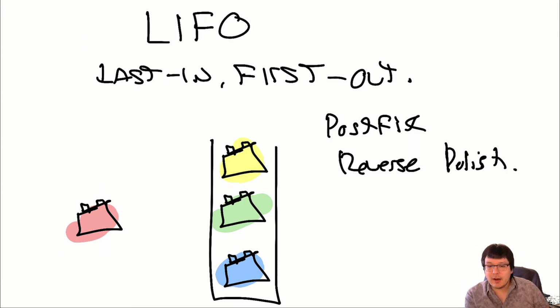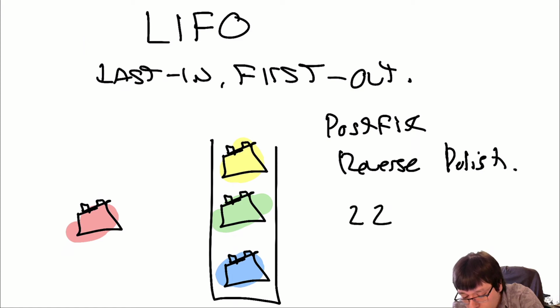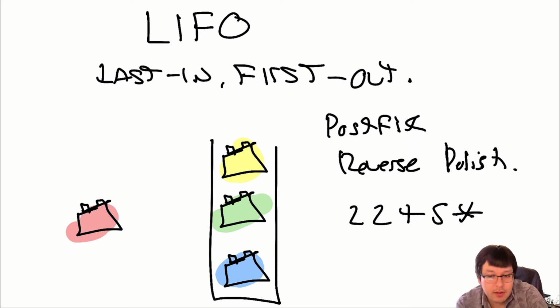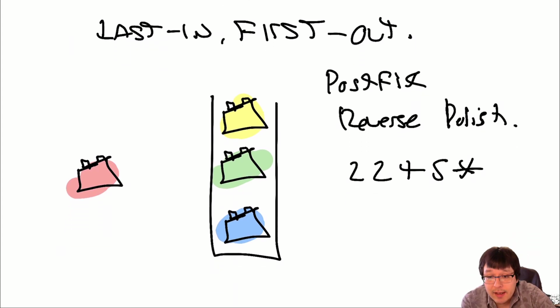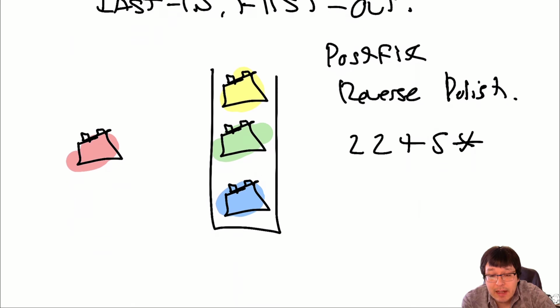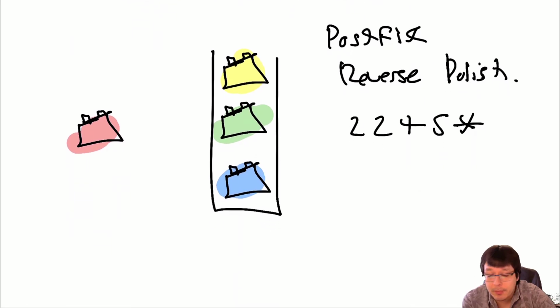So, that's one way of adding, for example, if you have something like 2 plus, and then maybe 5 times. How this gets evaluated is you put the numbers in a stack, and then evaluate them as you see operators.